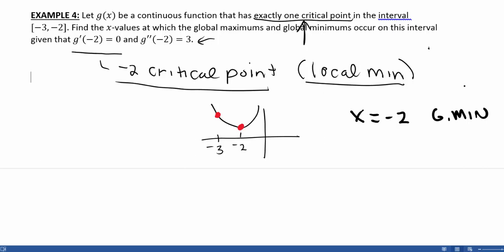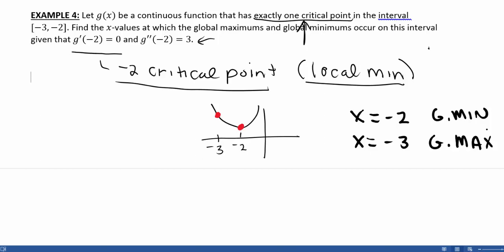It can't turn around and go down further because then we would have another critical point, and we were told there's only one critical point. And that means that x equals -3 has to be our global max because that function has to keep going up to the left. Because again, if it were to turn around, then we'd have another critical point, which we don't.